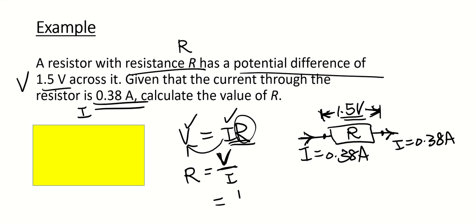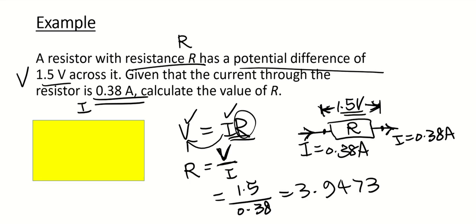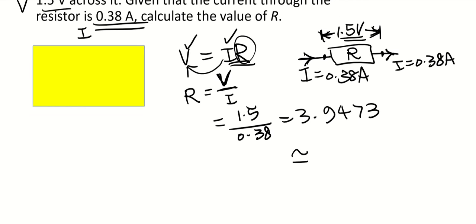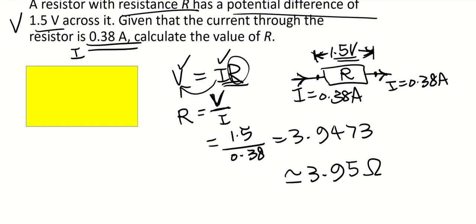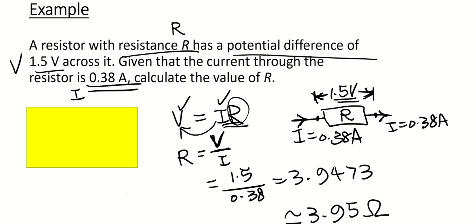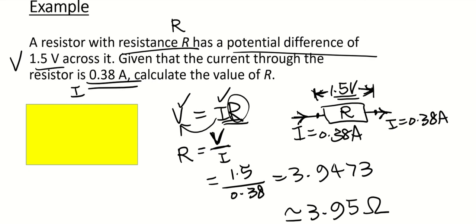So now my V is 1.5, my I is 0.38, and the answer in my calculator is 3.9473. But we leave it in 3 s.f. for our calculator answer, so it's 3.95. Now what is the unit of R? It is in ohms. Okay, so this is the first example.